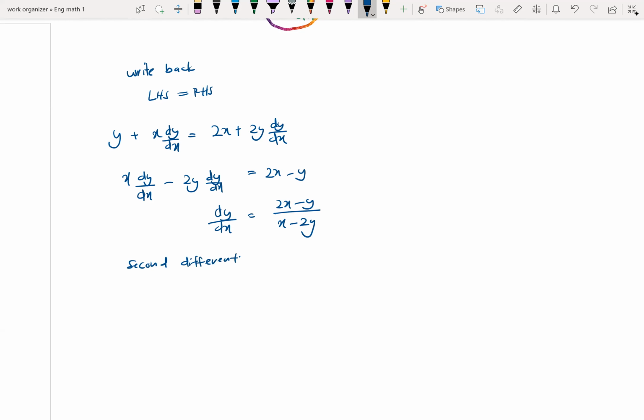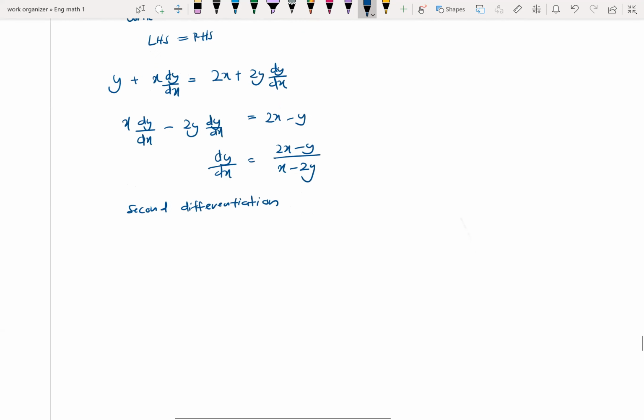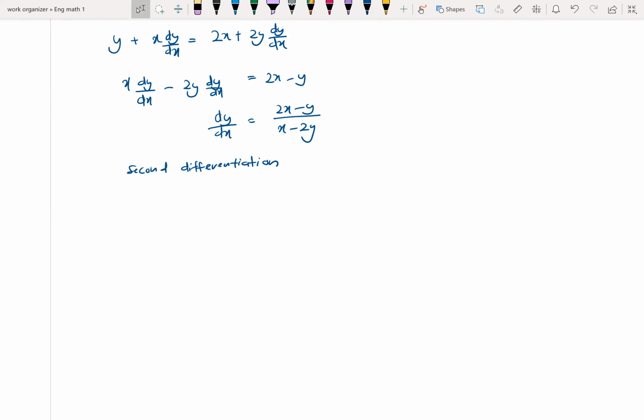And then we have to find the second differentiation. So it will become d over dx of dy dx, equal to, okay, this is in quotient form, which is fraction form.